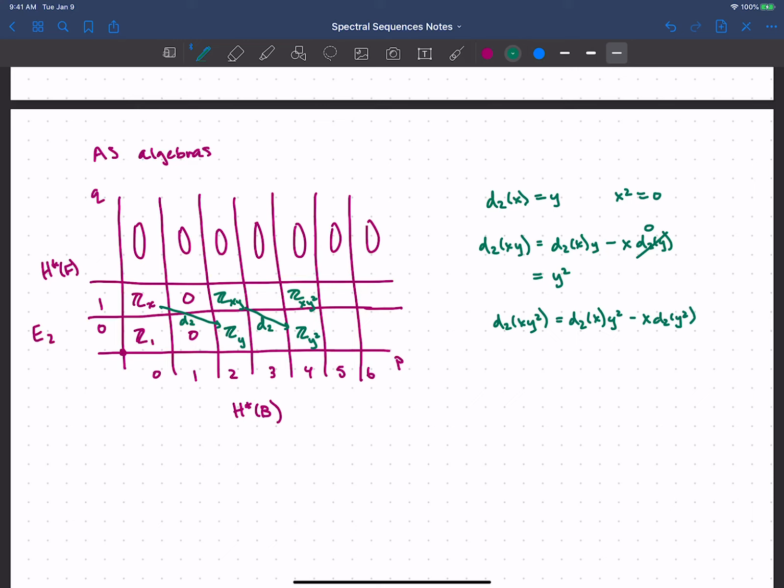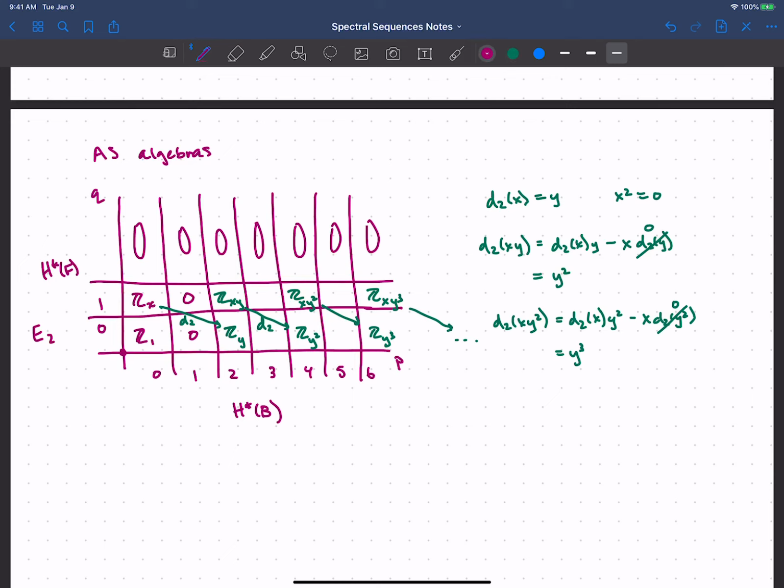That y squared, again, lies along the edge, so it doesn't support any differentials. And we've just got y cubed. And so we can call the generator of this copy of the integers y cubed. Okay, and now there's a class generated by x y cubed, and we continue.